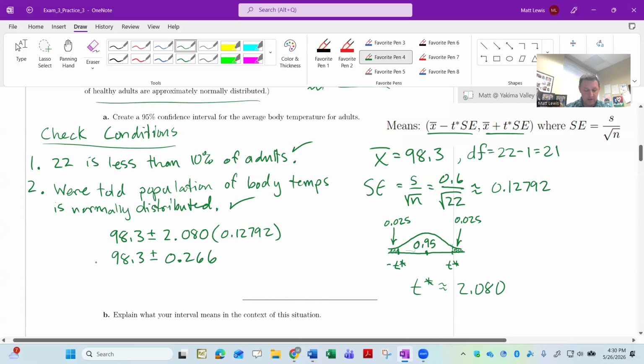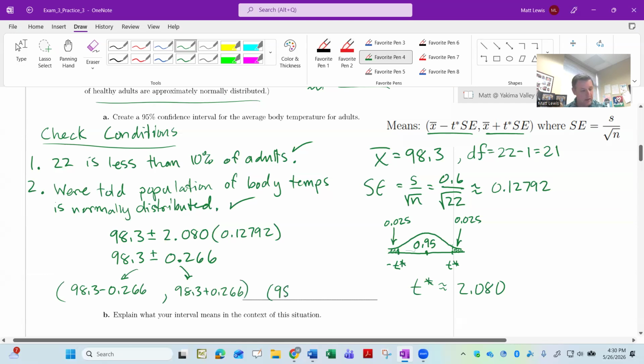And so let's remember that we're quite literally doing 98.3 minus 0.266, and we're doing 98.3 plus 0.266 to make my interval.